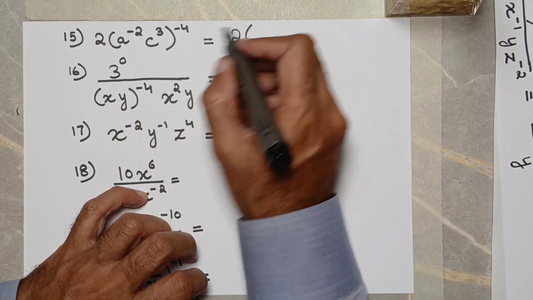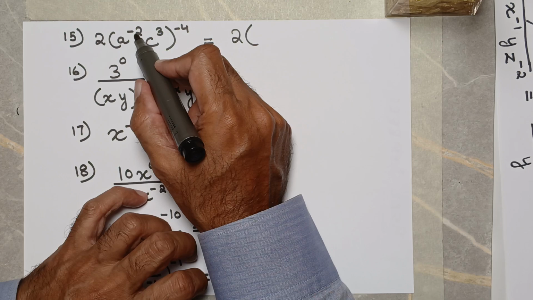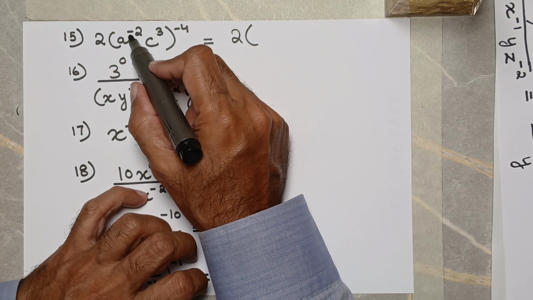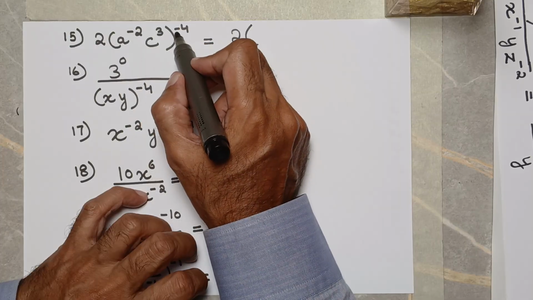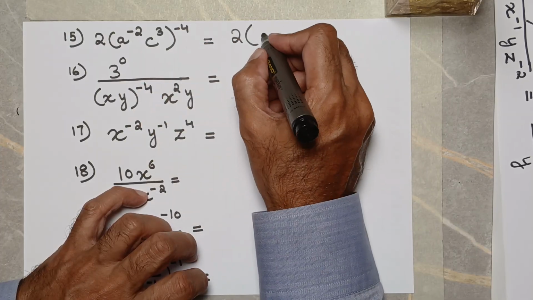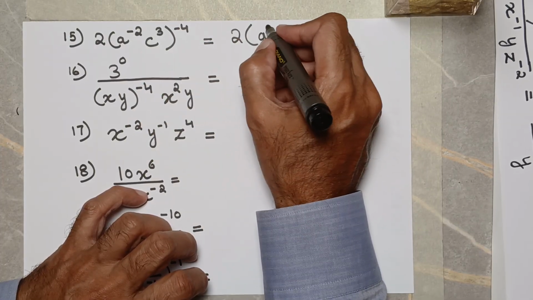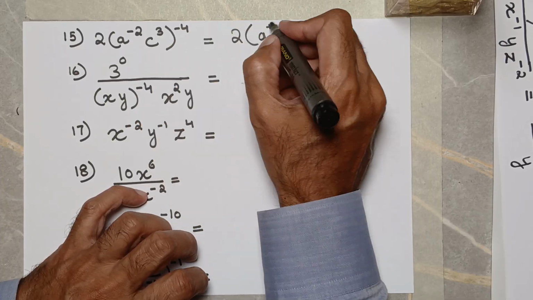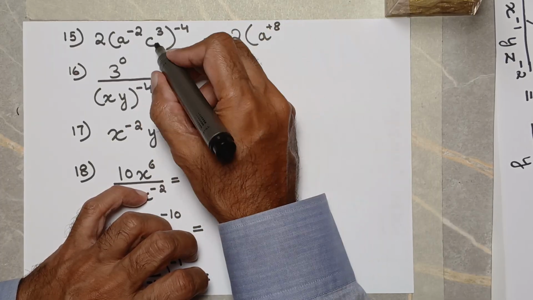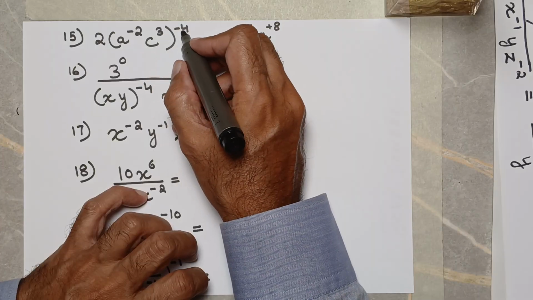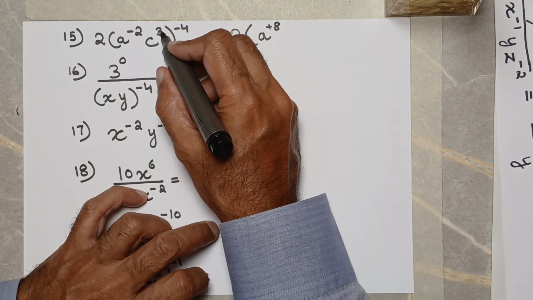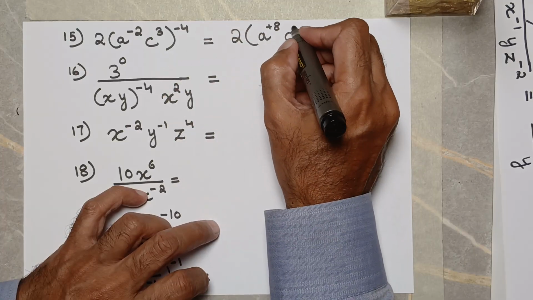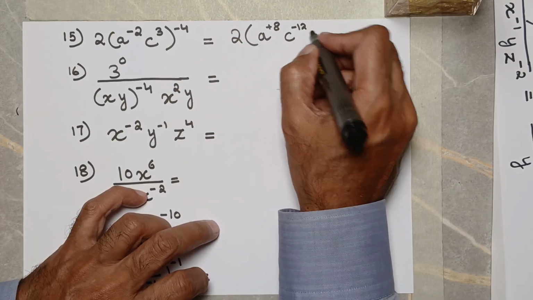Then we multiply the exponents: minus multiplied by minus gives a positive, and 2 multiplied by 4 gives 8, so a raised to the power 8. Outside is minus 4, and 3 multiplied by 4 gives c raised to the power minus 12.